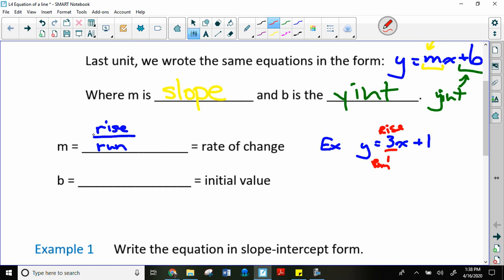So that's what our slope is. It's also known as a rate of change. With the applied students, we focus more on rate of change because you applied it to actual world problems. Whereas b is always just your y-intercept on a graph. I always just write it as y-int instead of the whole word because I'm lazy.